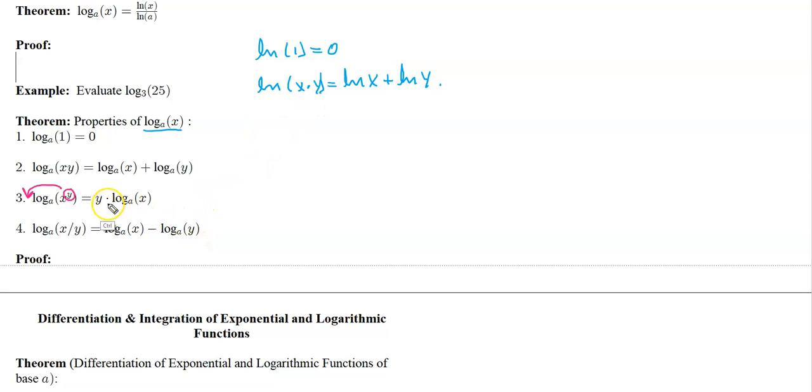Let's take a look at a proof of one or two of these. Let's prove number 2. Well, if we start out with log base a of x times y, let's note that by our definition up here, that is actually equal to ln of xy over ln a.